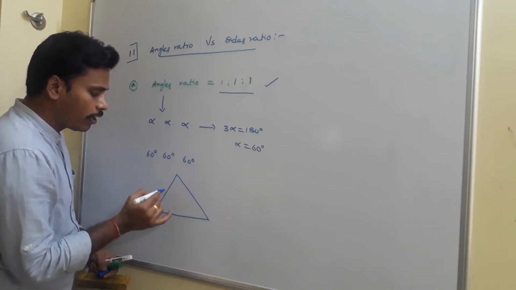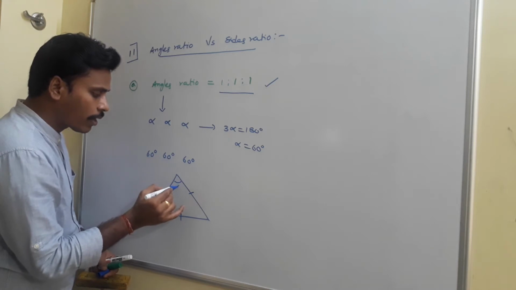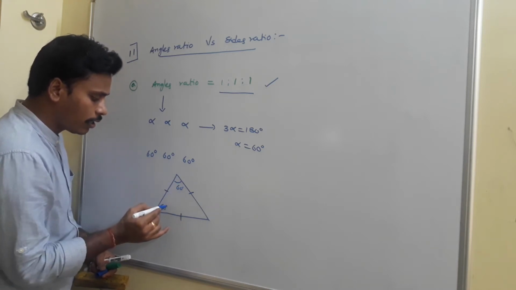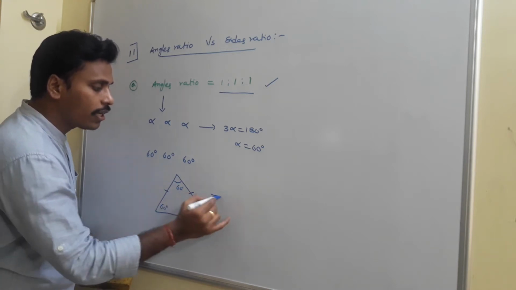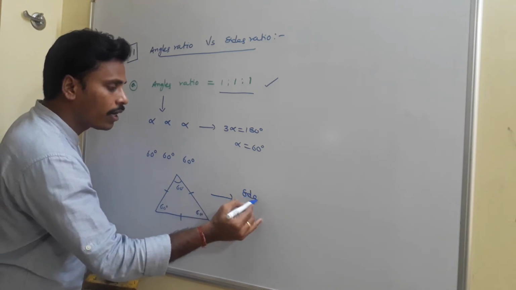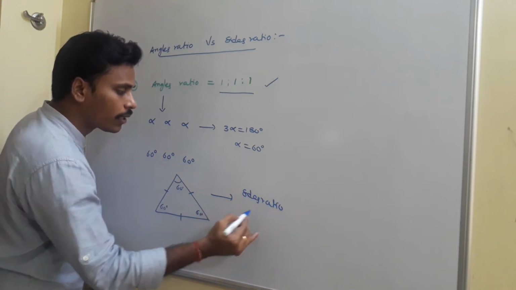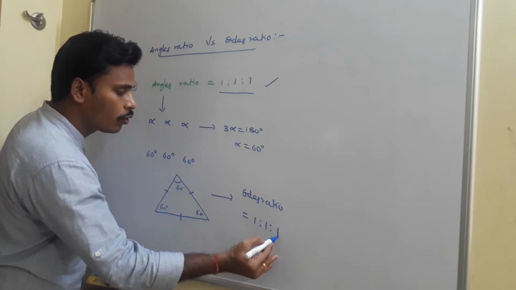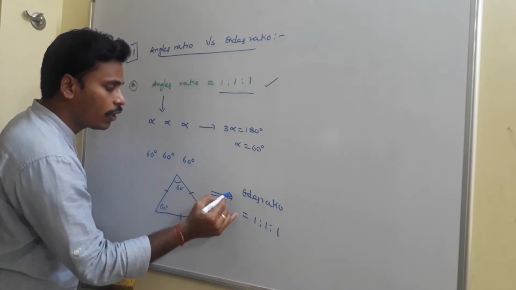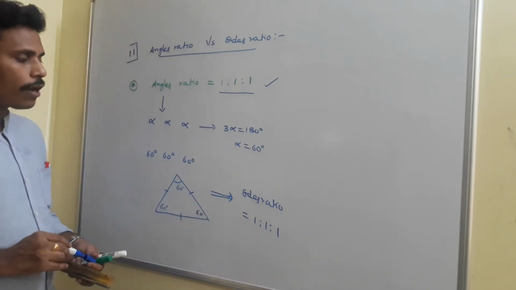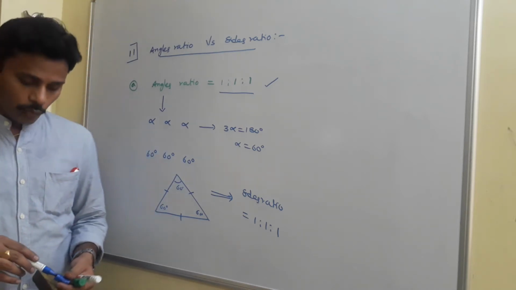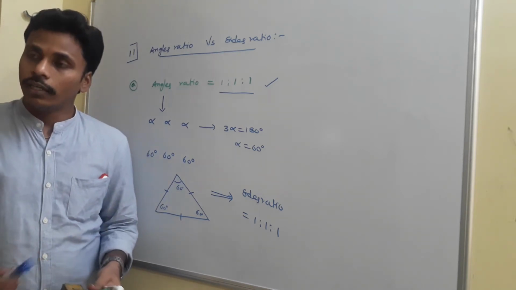And we know by the property of an equilateral triangle, all the sides are equal. Since all the sides are equal, you confirm that the sides ratio is again 1:1:1. So for an equilateral triangle, the sides are in 1:1:1 ratio, the sides are equal.